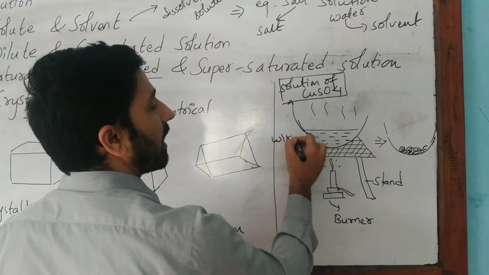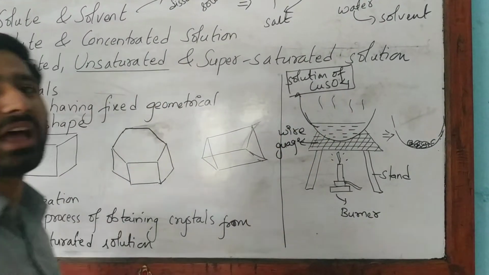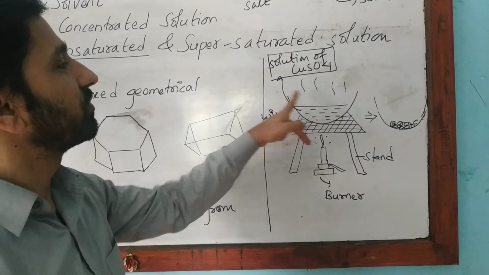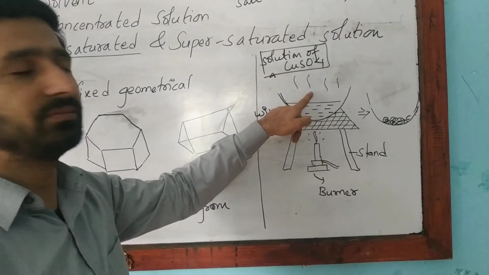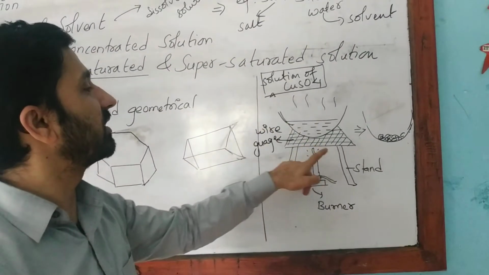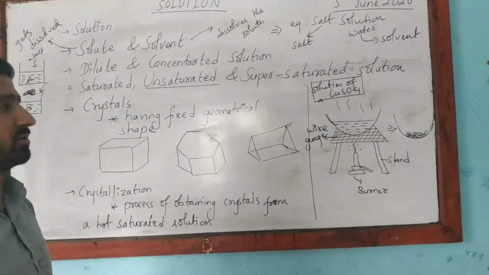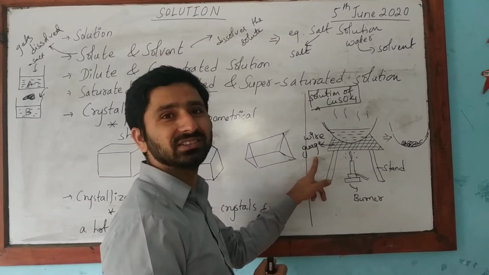You know why a wire gauze is used in chemistry while heating? So that the direct flame doesn't reach the beaker, the apparatus that we are heating. If we give direct flame to apparatus made of glass, it may break. To prevent that direct heating, we use a wire gauze.